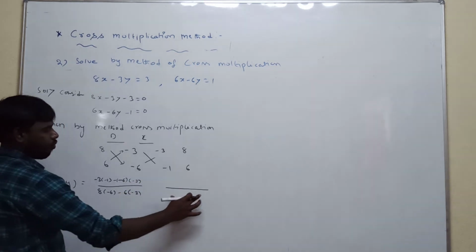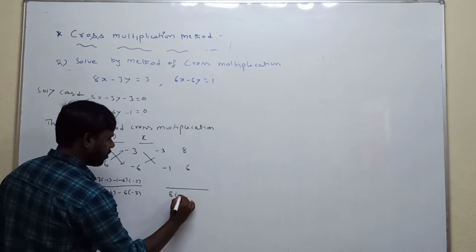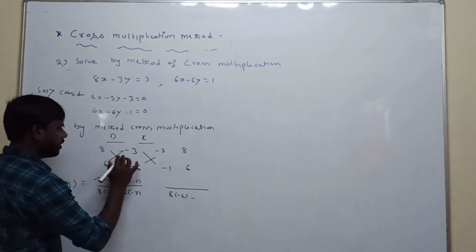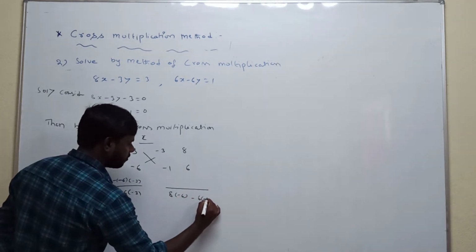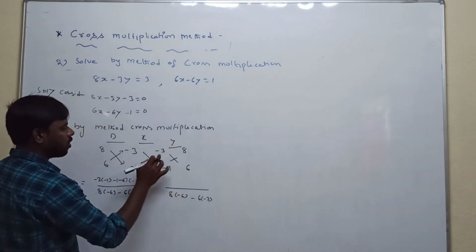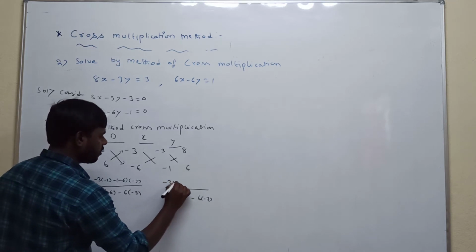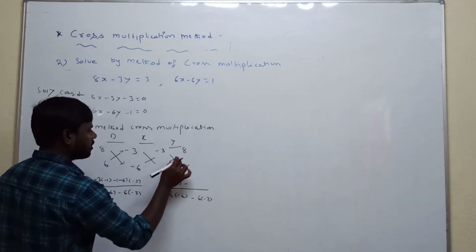Next, the y value: y in the denominator is 8 into minus 6, minus 6 into minus 3. This value you write as y numerator. So cross multiplication we apply: minus 3 into 6, minus 1 into 8.